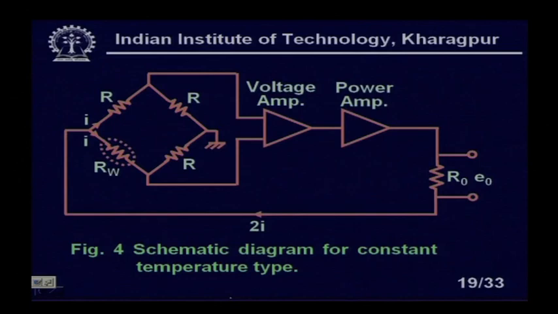Now, this is a schematic diagram of a constant temperature type of hot wire anemometer. You see here it is an auto balancing system. This R_W is put on one arm of a bridge, which is our hot wire, and all other resistances are the same.